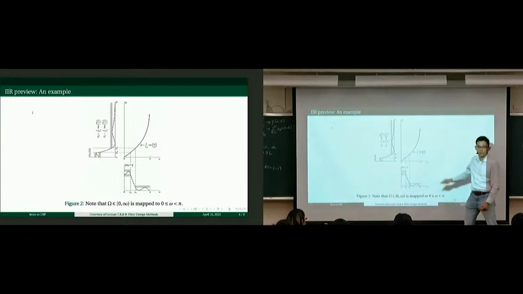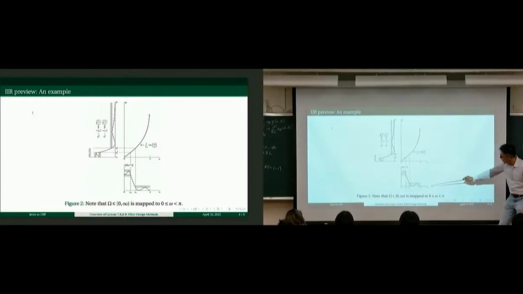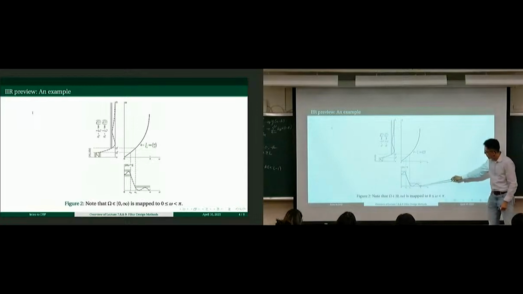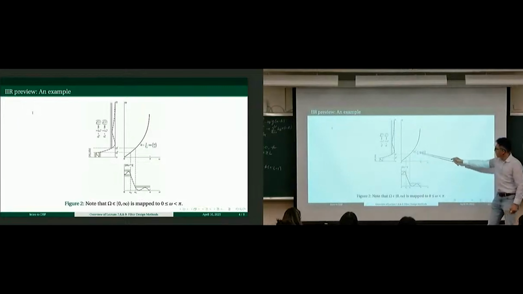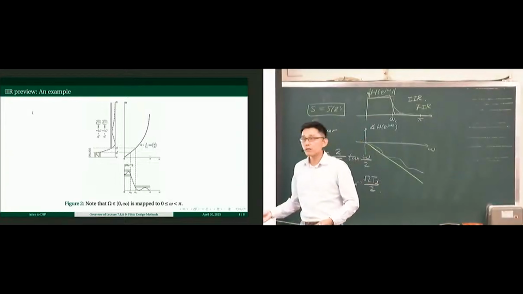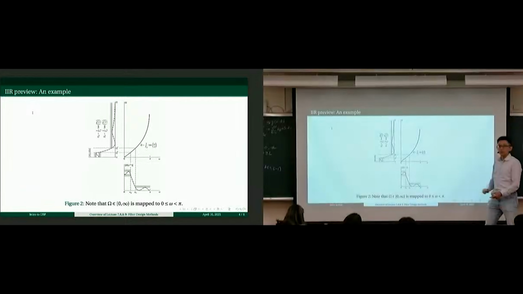But now after this change of variable, we have equivalently a filter with small omega being the frequency variable. So we begin with the prototype, and then we can obtain a design of a digital filter. So that's the idea. The idea is to borrow from analog, and then make it digital.